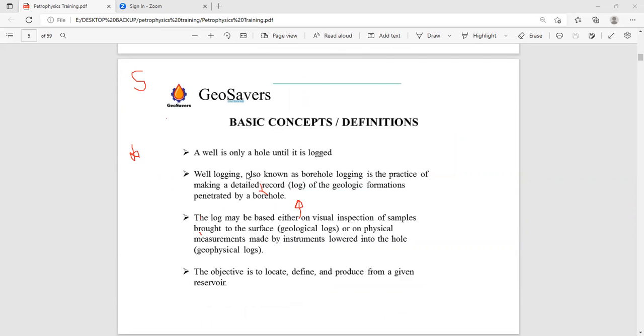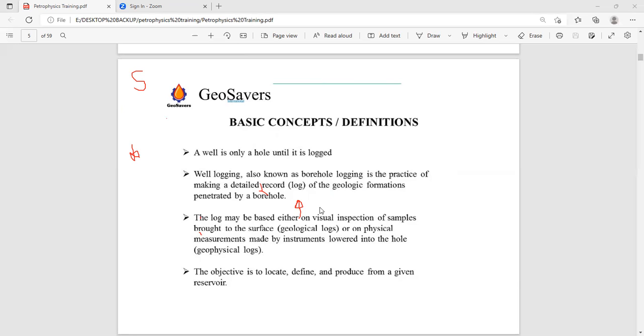A well is only a hole until it is logged. If you don't log it, then it has no geological significance. You can only attribute geological significance to it after it has been logged. So well logging, also known as borehole logging, is a practice of making a detailed record of the geologic formation penetrated by a borehole.